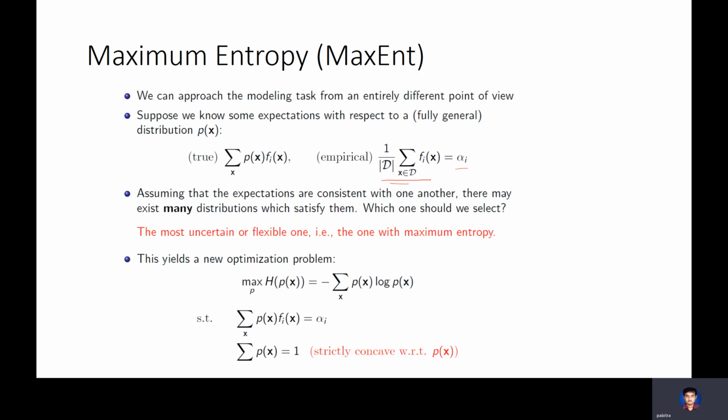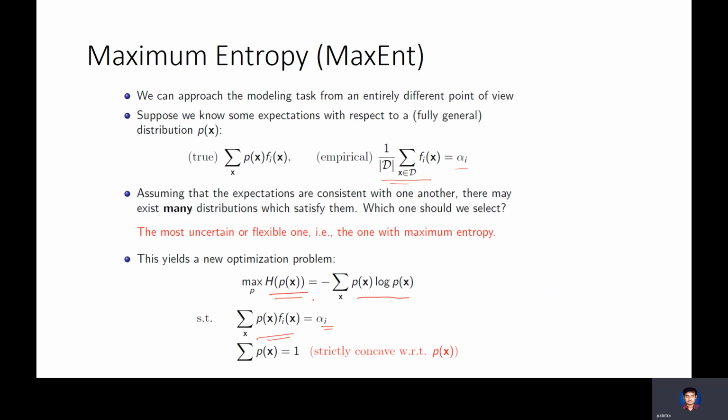What the maximum entropy problem says is that among all these possible distributions, choose the one which has the highest entropy, because it's kind of the most flexible. You can fit anything to it. So you define H of p(x), the entropy of p(x), as negative summation over the data of p(x) log p(x), such that this expectation is satisfied to be alpha_i.